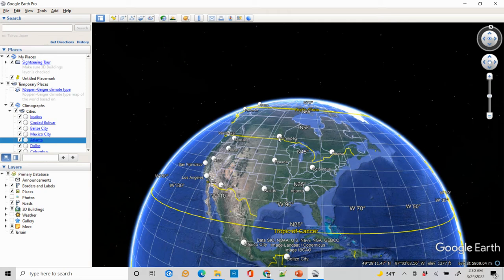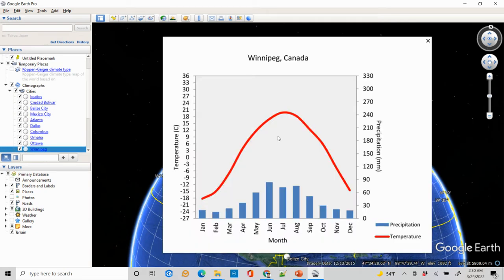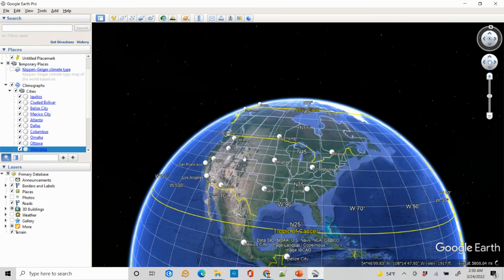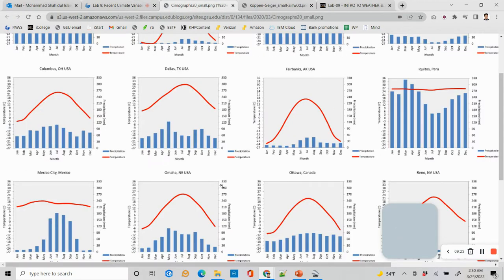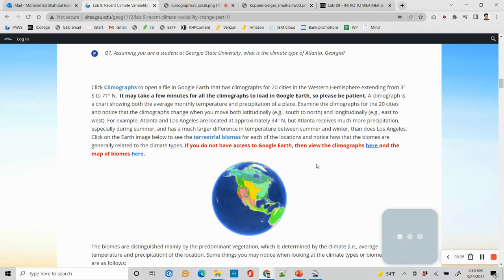If you click on Winnipeg, now you see it is showing you temperature and precipitation. The precipitation is the blue one and the temperature is the red one. If that doesn't load on your PC, all you need to do is click here. That will take you here and you can answer based on those questions.